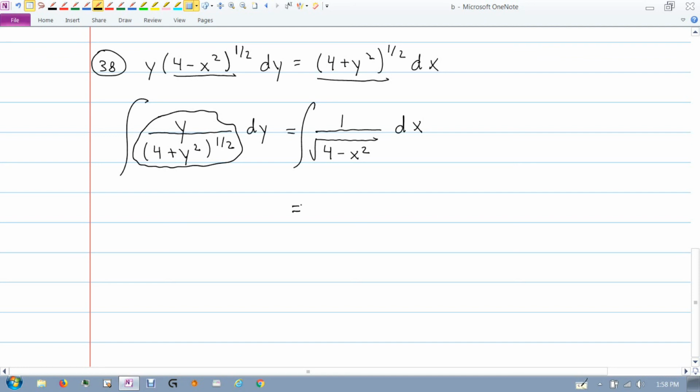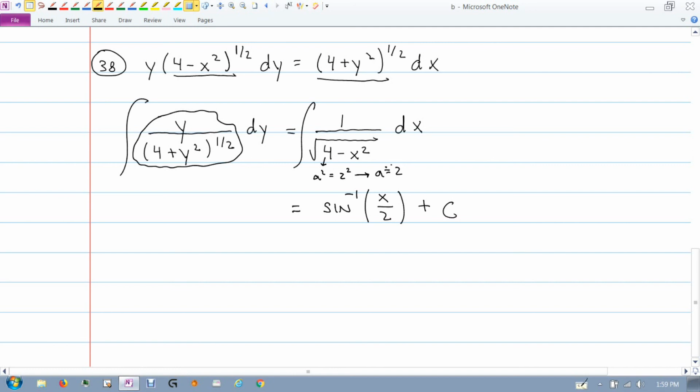The right-hand side is that common formula again, and this is going to turn out to be arc sine of x over 2. All right, so that again should be a familiar formula, and we're coming from the property that that's our a squared. So that means a equals 2 in the formula.